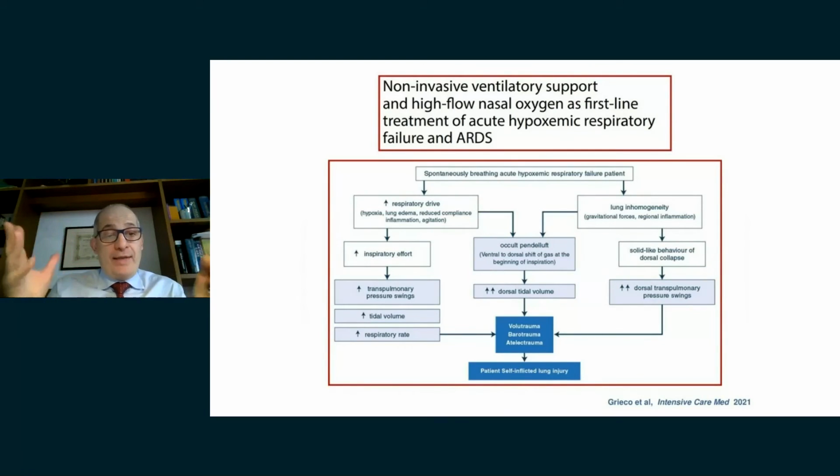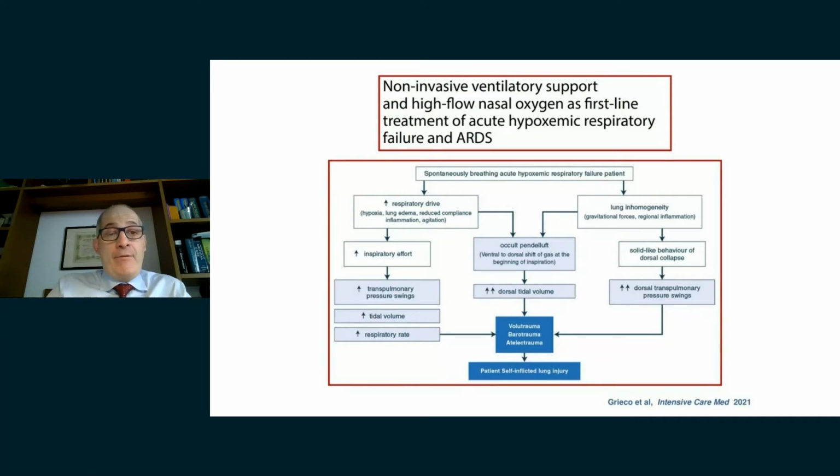So putting it together, we have to deal with the patient who presents a respiratory failure, an increasing respiratory drive, and a lung inhomogeneity due to the lung disease. This translates to increasing inspiratory effort, increasing transpulmonary pressure, and an increase in tidal volume and respiratory rate.